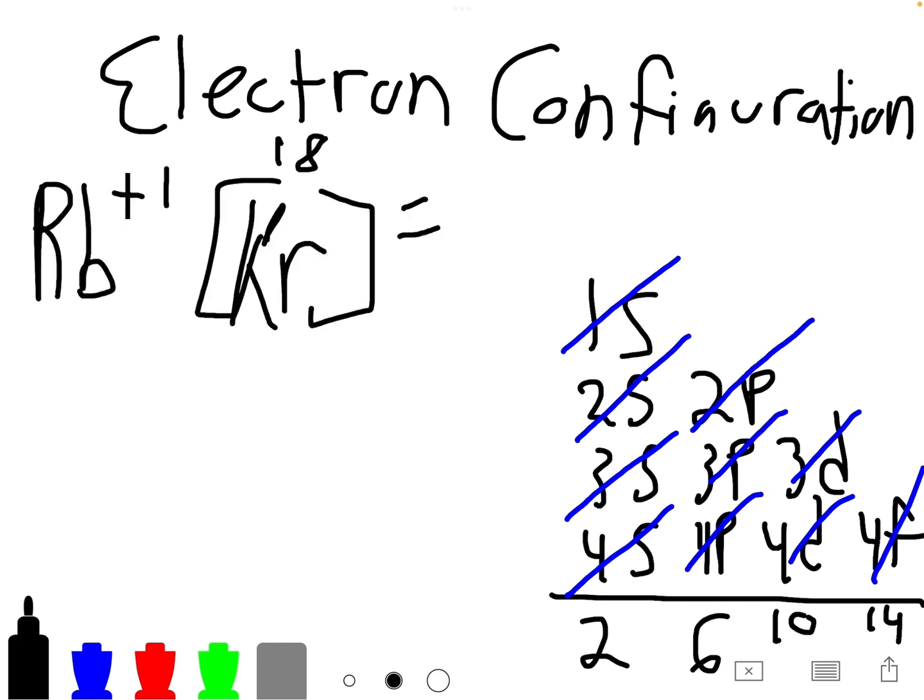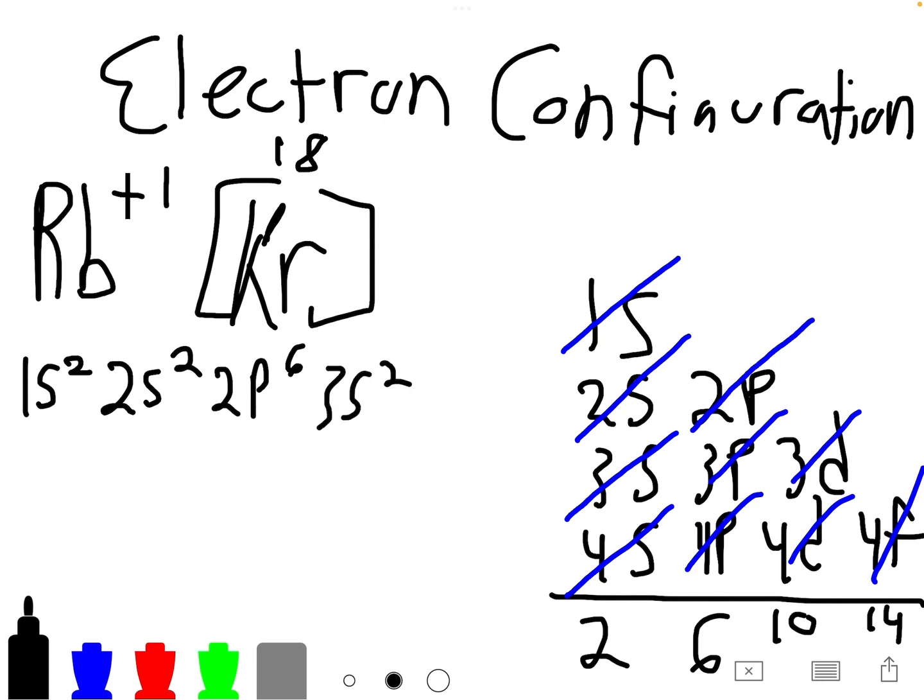Krypton has 18 electrons. So now we just got to break it down. So it's going to be 1s2, 2s2, 2p6, 3s2. Let's count so far. 2, 4, 10, 12.